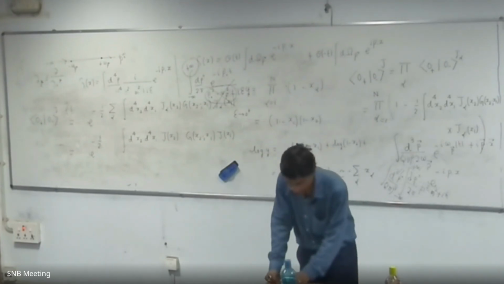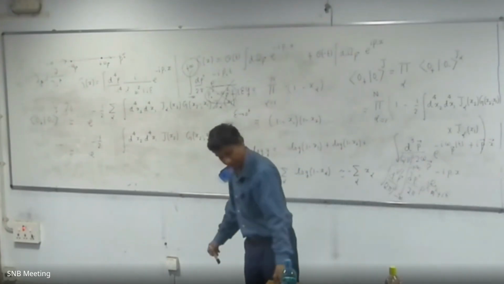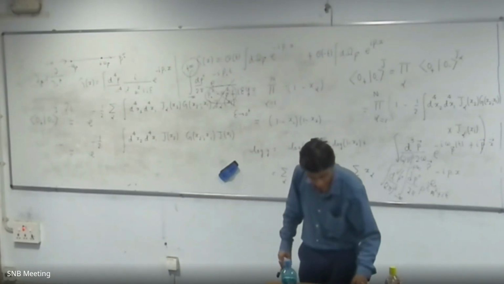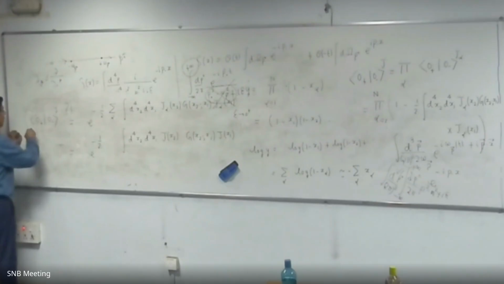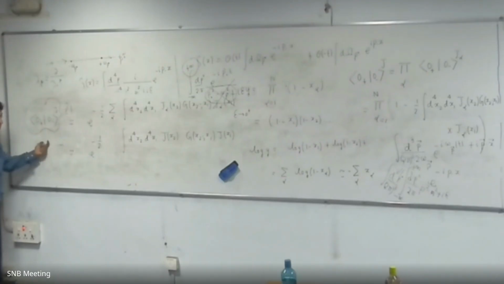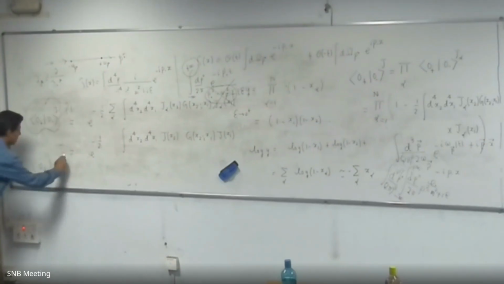Okay. Now you can show the following thing. I told you what this physically means, but you want to say, okay, can I compute something like this, which you have already learned in quantum mechanics?